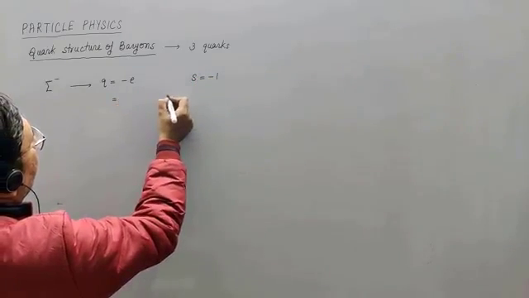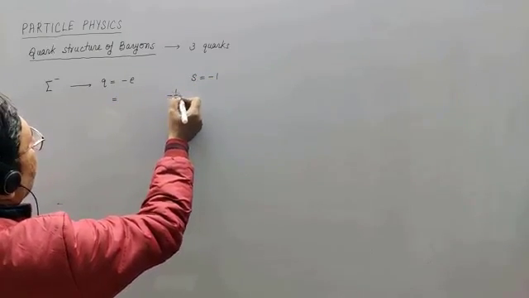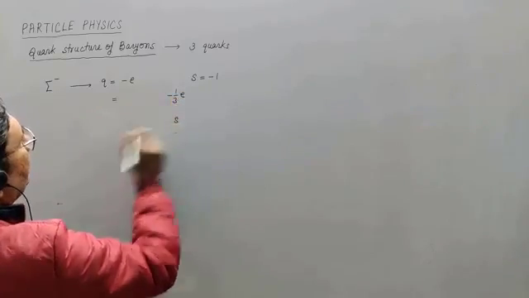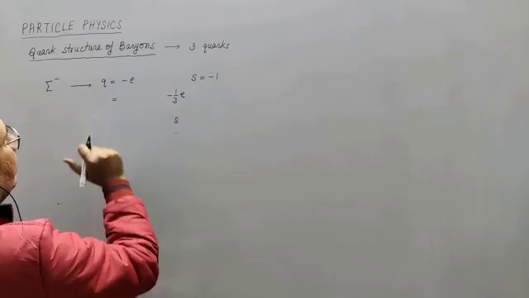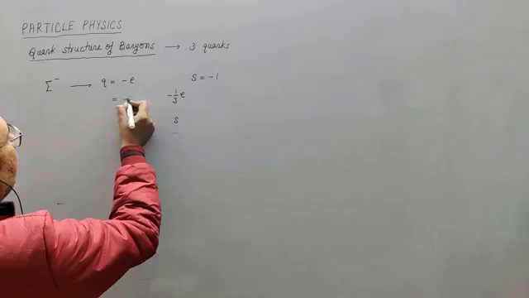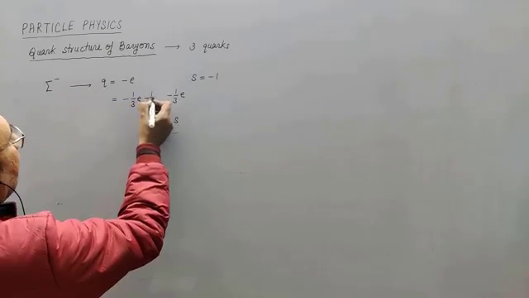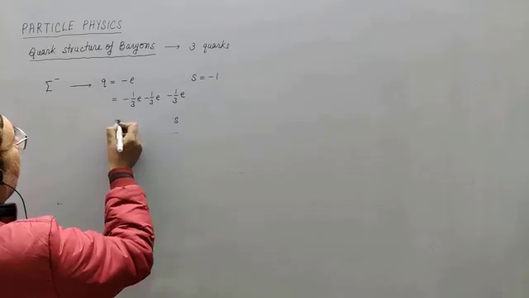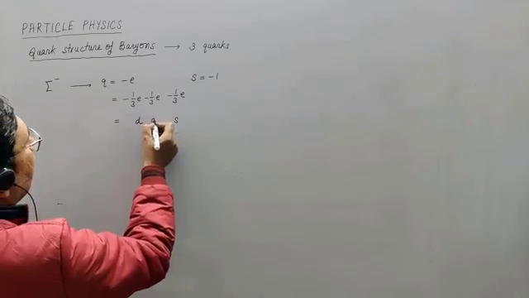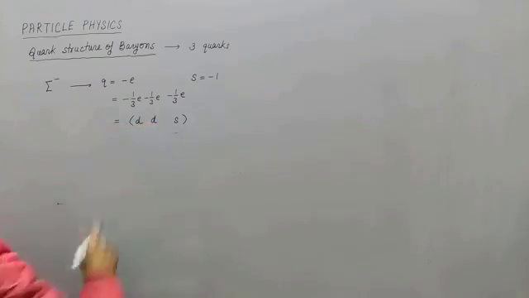So one of the quarks involved is a strange quark. How can you find out this? This can be found if we have -1 by 3e, -1 by 3e. So this will be DDS. This will be the internal structure of sigma minus.